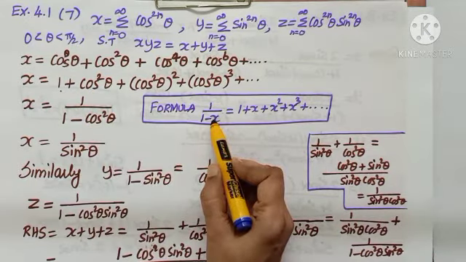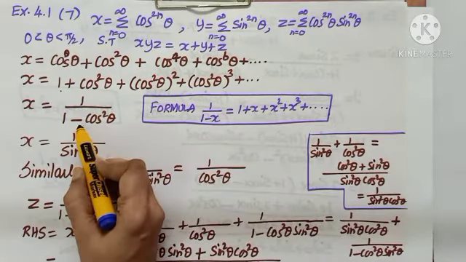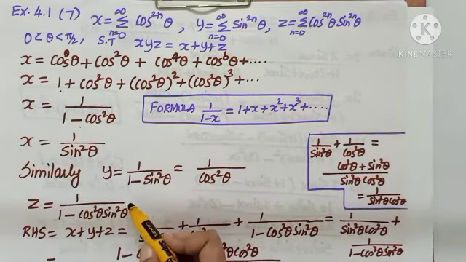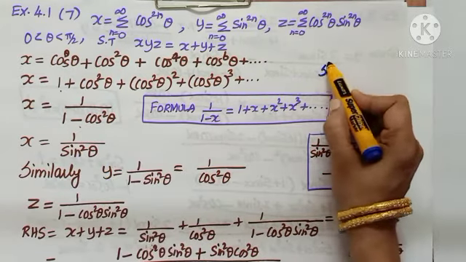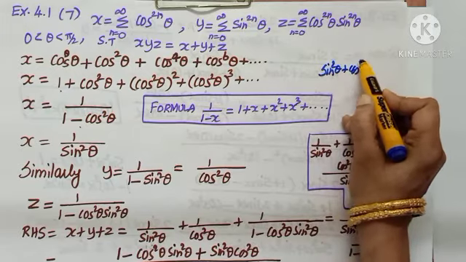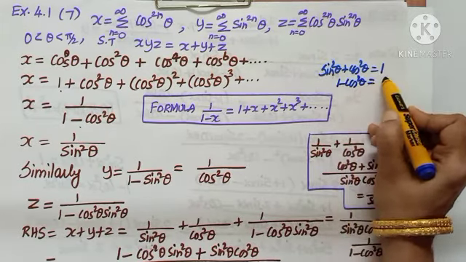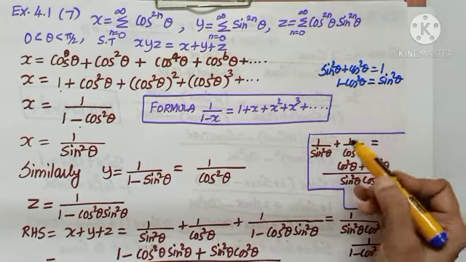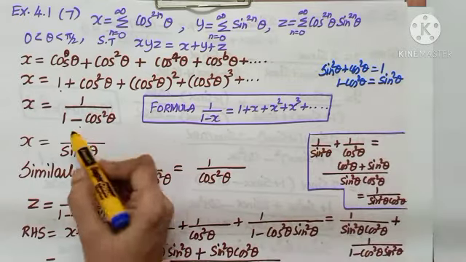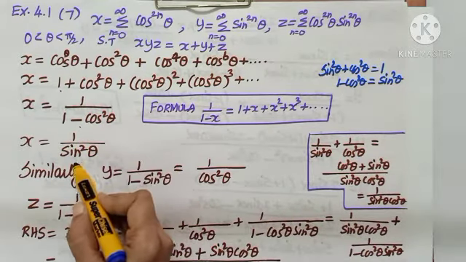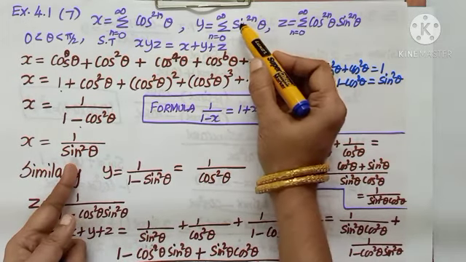So what is the formula? 1 by 1 minus x, where x is cos square theta. We know 1 minus cos square theta, what formula we know? Sin square plus cos square is 1. So 1 minus cos square theta I will write sin square theta. Similarly, 1 minus sin square will be cos square. The same pattern we can write for y.